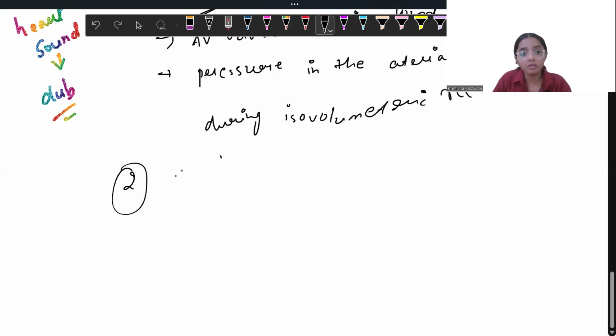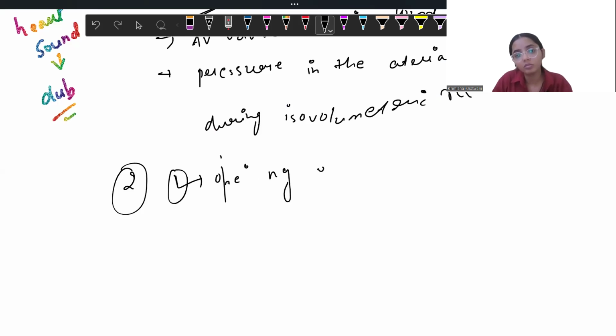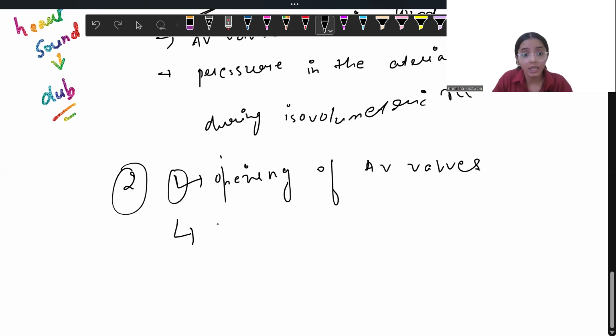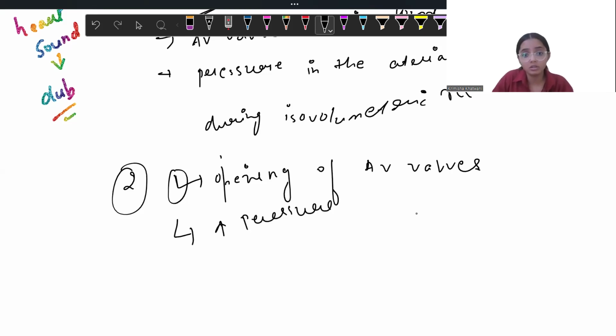Now, what happens during ventricular filling? The first event which happens during ventricular filling, the early part, is opening of AV valves. Okay, the second thing which occurs is the increase in pressure in atria.